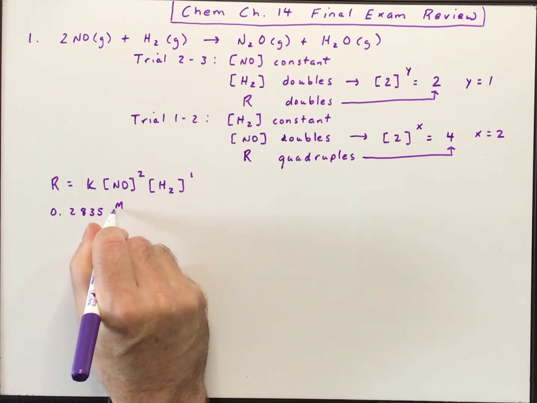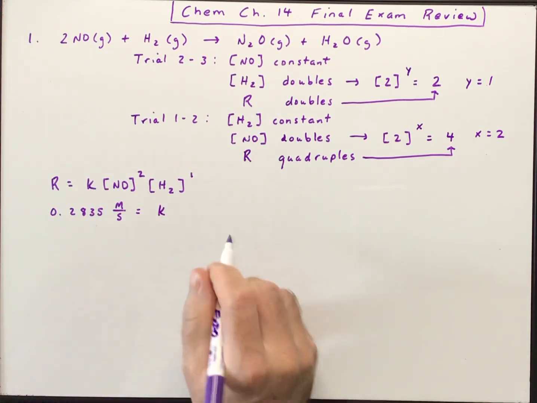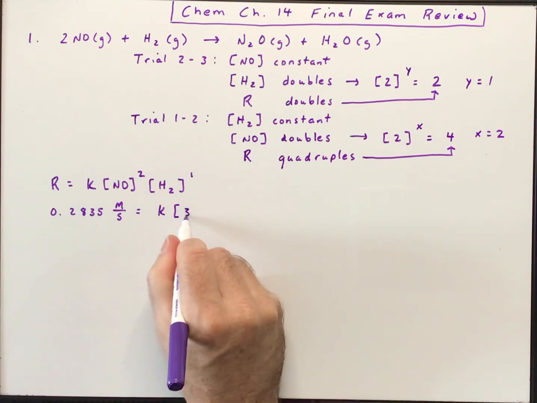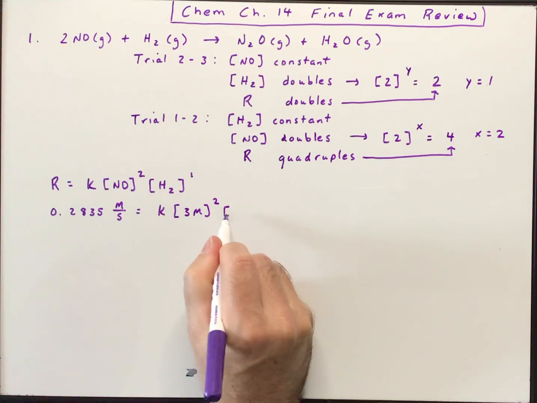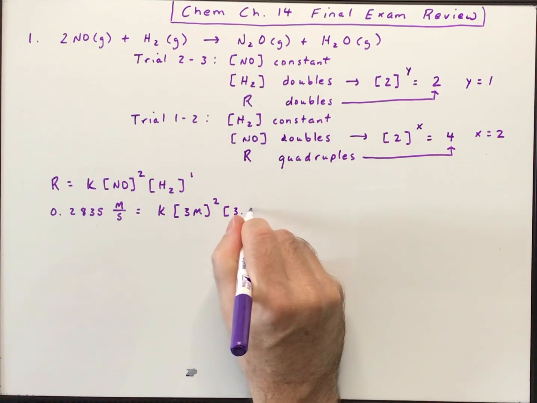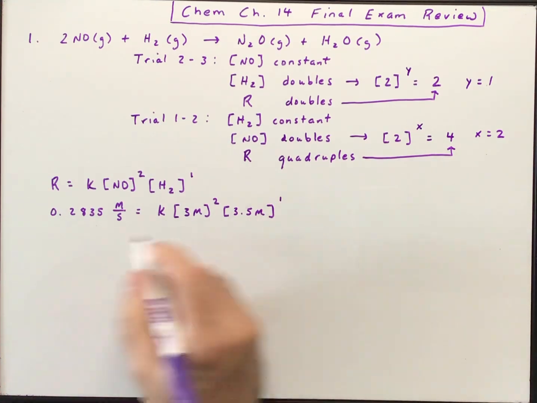The unit is molars per second. Is equal to K. That's what we're trying to figure out. The concentration is 3 molar in trial 1. We have to square that. And it is 3.5 molar for H2, and that is to the first power.